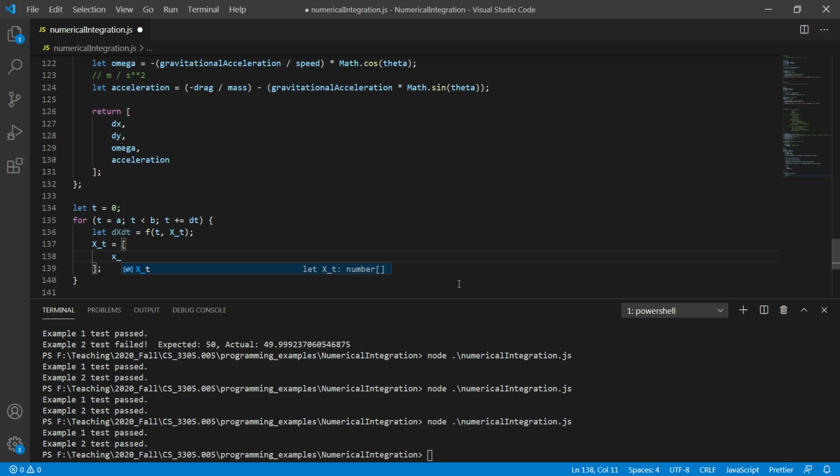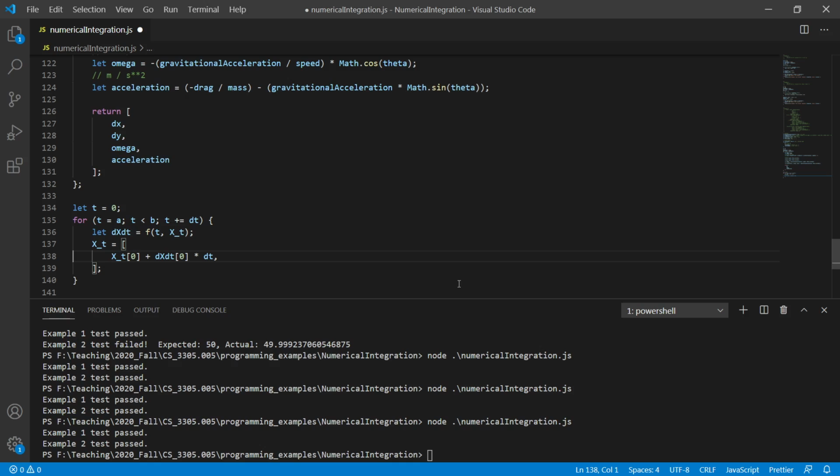So we have whatever it was, our 0th component, and then we account for the rate of change at that point in time, and then we multiply it by our step, right? So everything is as it was before.